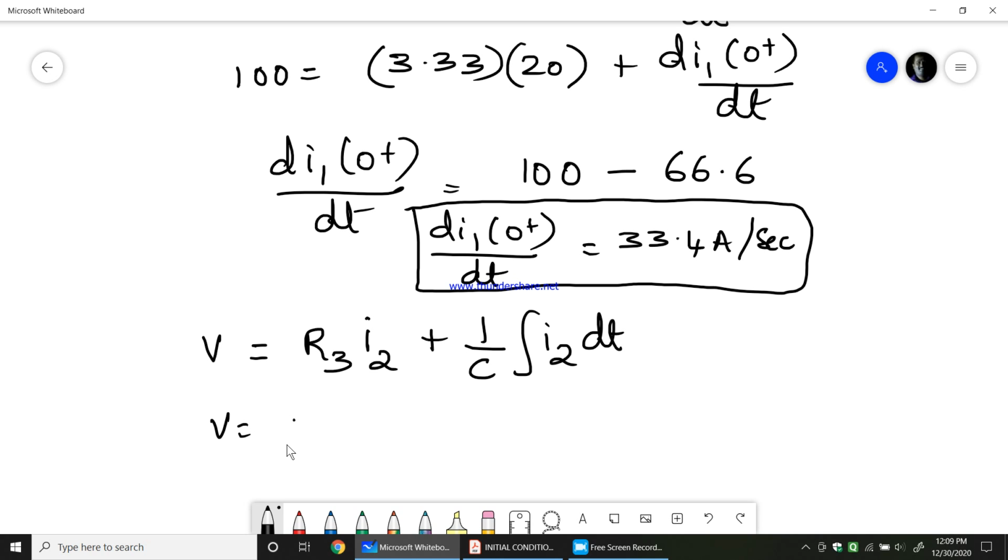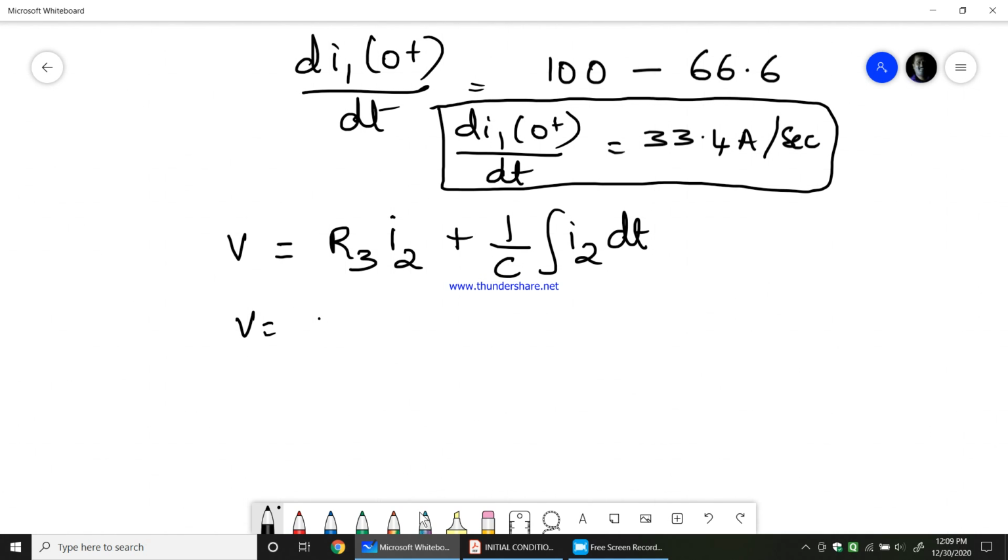So what I'll do is, to find the derivative of I2, I'll differentiate this. Because we have already found I2 of 0 plus, I'll differentiate the above equation with respect to t.